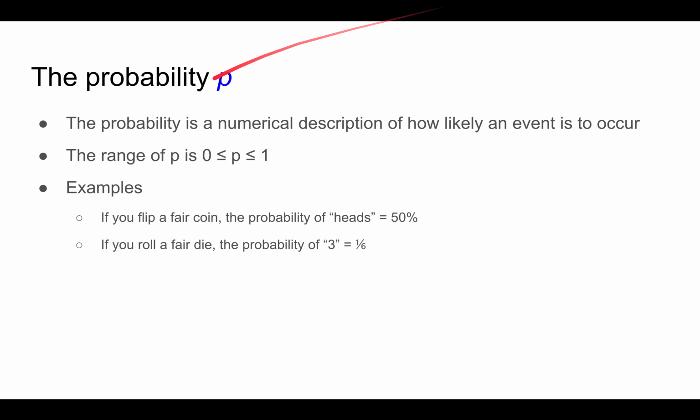First, the probability, which we usually denote by P, is basically a number between 0 and 1 that describes how likely the event is to occur. For example, if you flip a fair coin, then the probability of heads is equal to the probability of tails, which is about 50%, or 0.5. If you roll a fair die, the probability of getting, say, a 3 would be 1 out of 6, since there are 6 possible values, and they're equally likely.